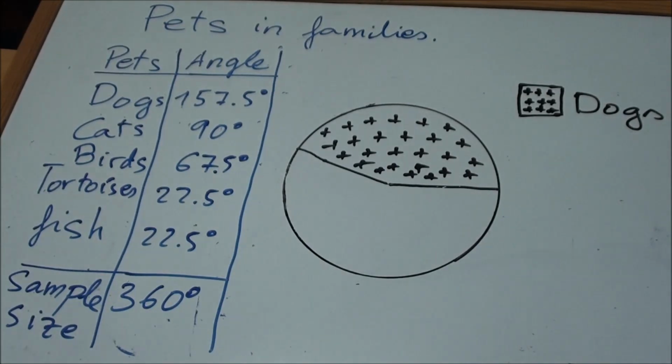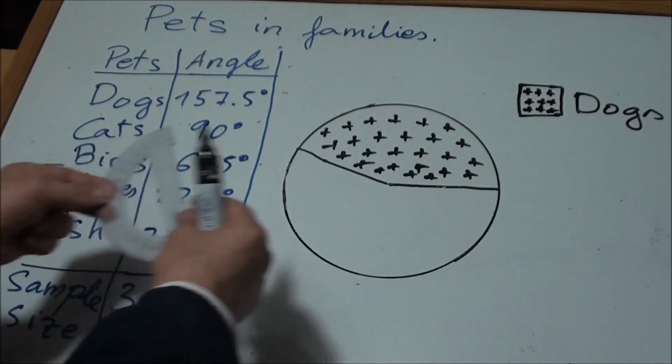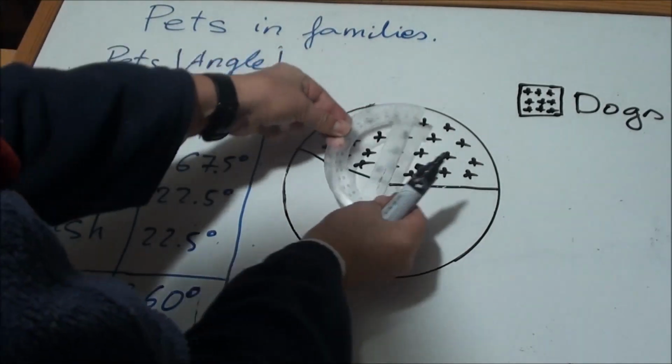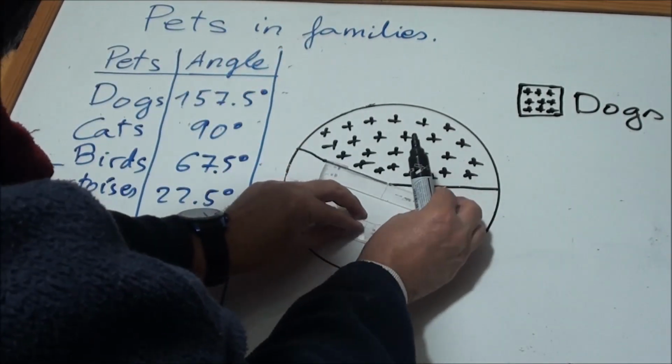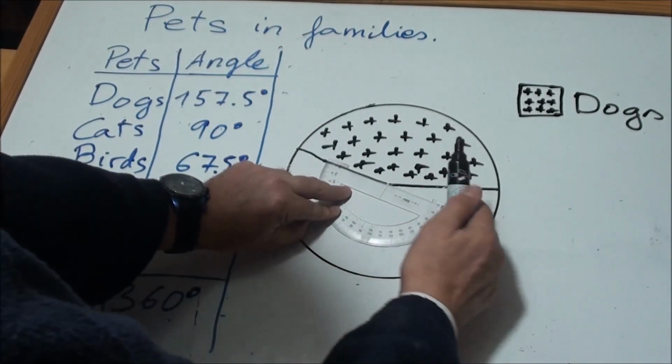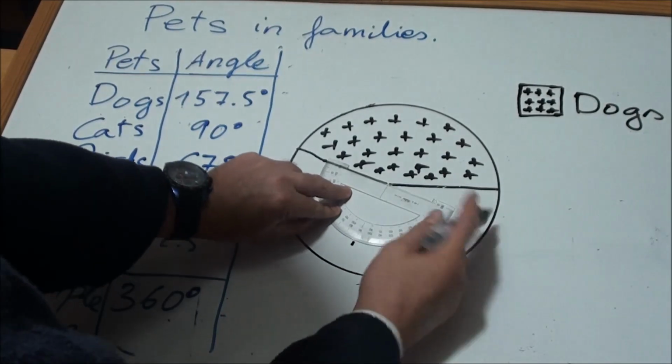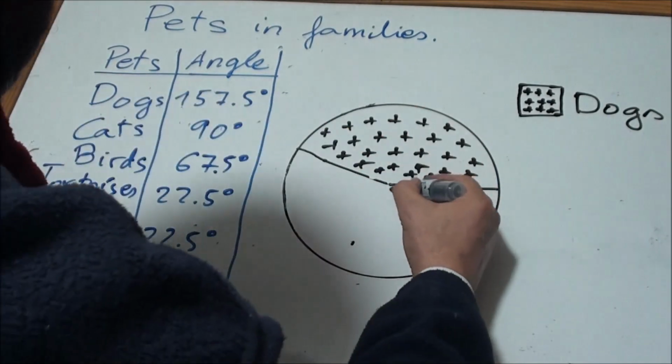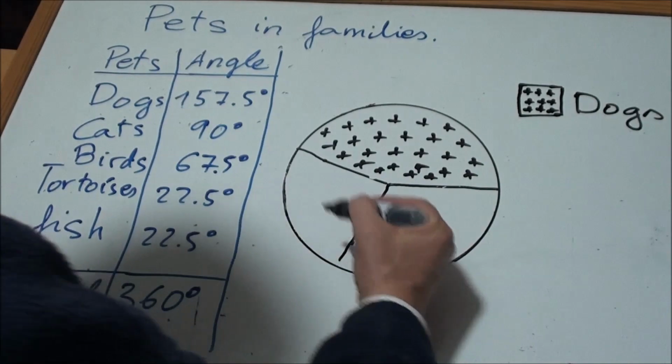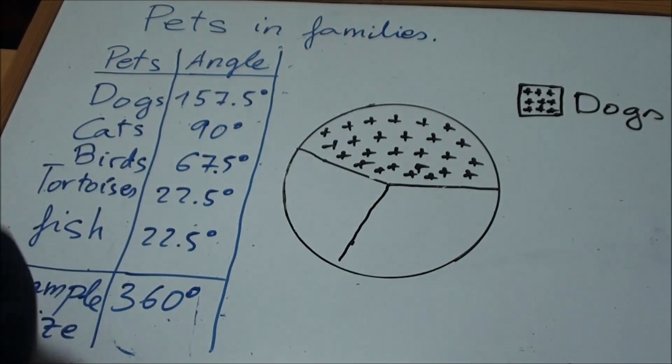The next would be cats, so I have to turn the protractor around, put the 0 here, and 90 degrees for cats. So this is gonna be cats.